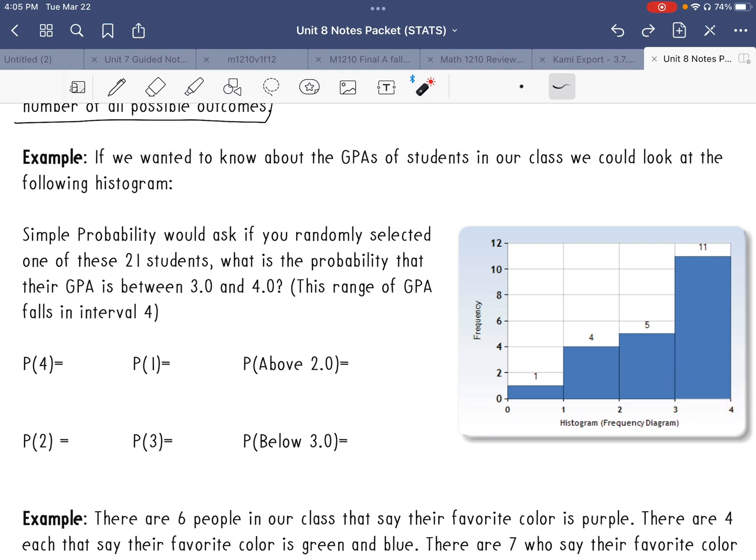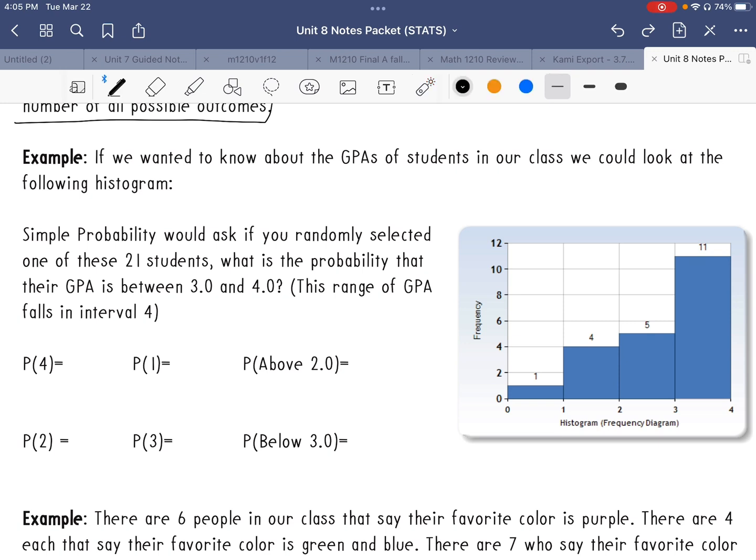So this would be interval 1, interval 2, interval 3, and interval 4. And we're saying if you put all of these students' names in a hat and drew out one, what is the likelihood that it would be one of these 4 students? Okay, that's what we're asking.